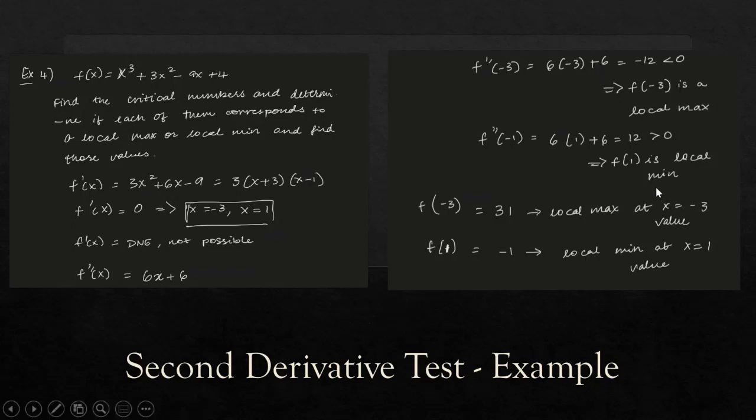Sometimes you might have longer or more complicated functions, and you don't even have to solve the entire way. Just determine what the sign of the final answer is going to be, positive or negative, and that way you can see if it's a local max or a min. When you plug in 1, you get 12, which is greater than 0, so it's a local min.